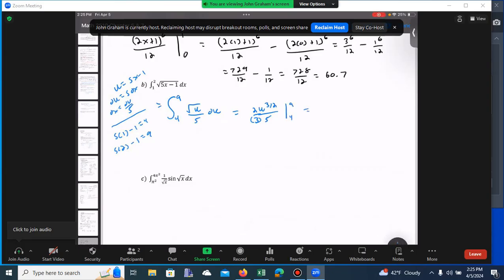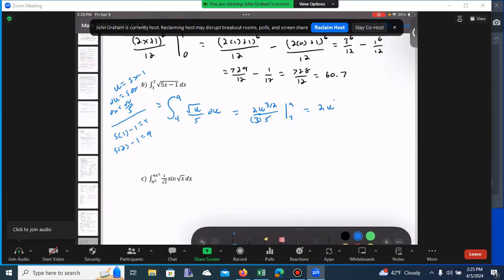So I'm just going to simplify this a little bit. That 3 halves, that's the square root of u to the third power, and then that's over 15. I'm doing it that way so we make sure we take the square root first. 4 to 9.